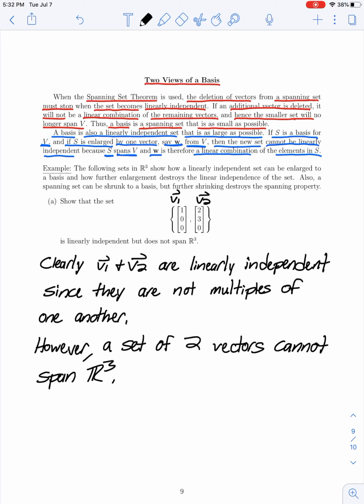Another way we could show that these two vectors do not span all of R3 is again to put these in the columns of a matrix A, and we see here A is already in row echelon form. It has a row of all zeros as our last row, therefore any vector in R3 whose last entry is non-zero cannot be a linear combination of these two vectors.